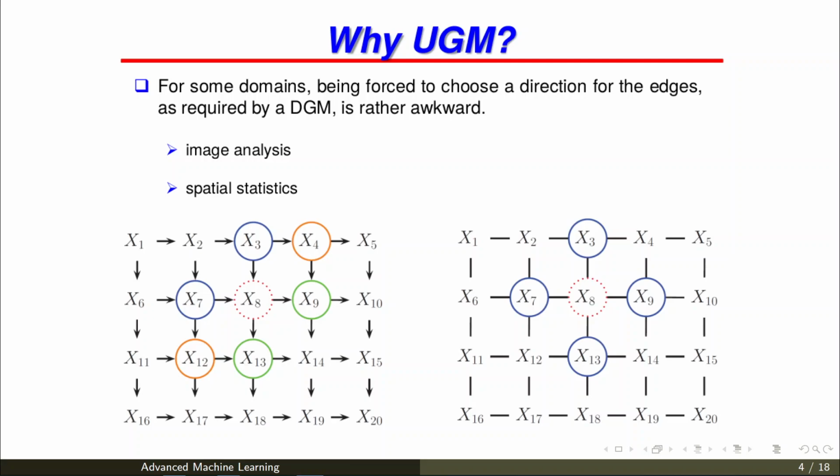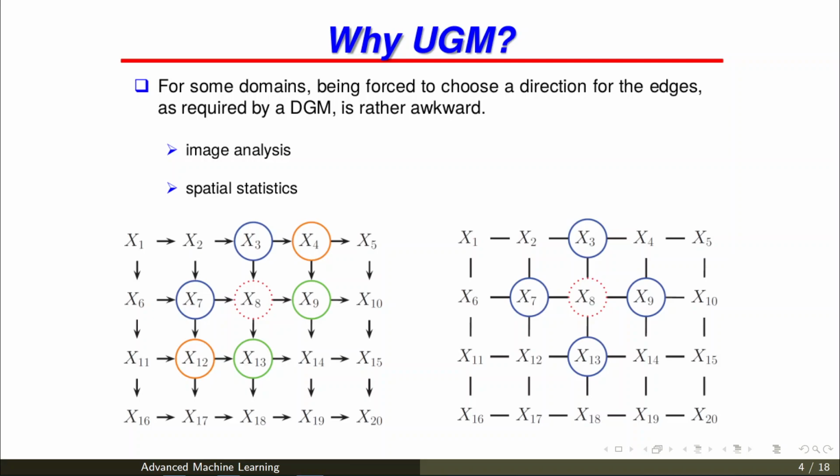The Markov blanket includes the parents. It also includes its children, and x12 and x4 are the co-parents, right? So it includes parents, children, and co-parents.